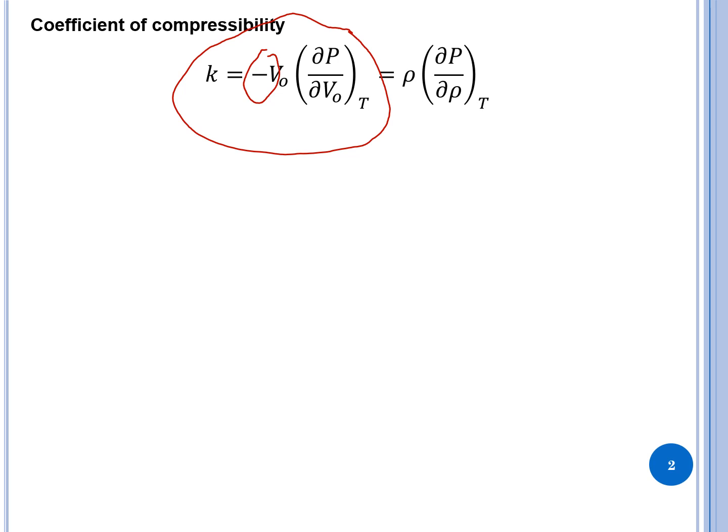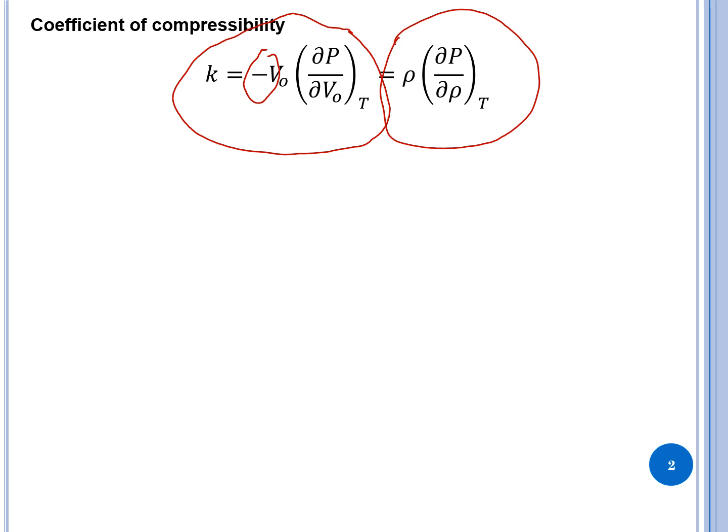So we want to ensure that this K is always positive, so we bring in a negative sign here to ensure that K has a positive value. Now this negative V dP over dV becomes equal to rho dP over d rho at constant temperature. How is it so?